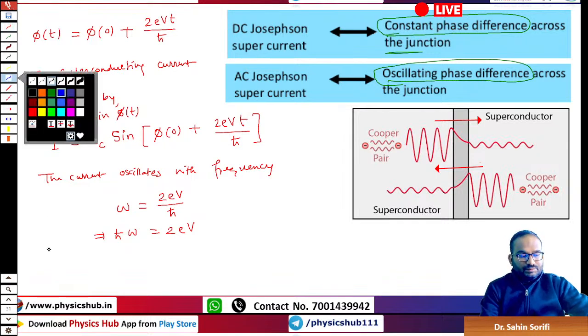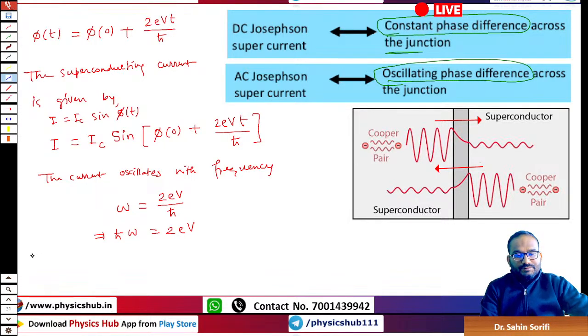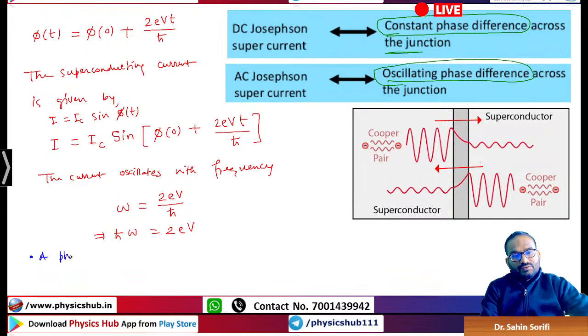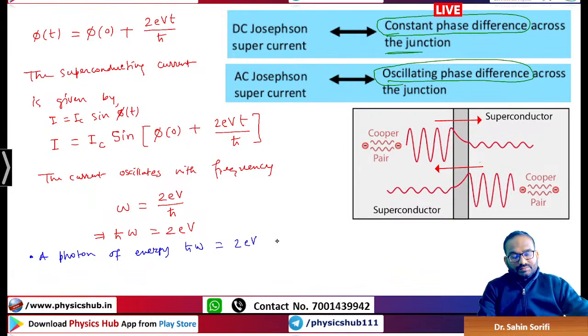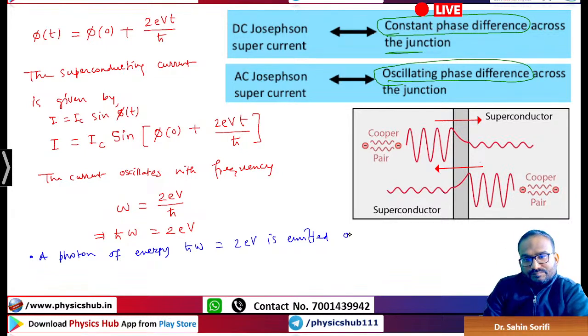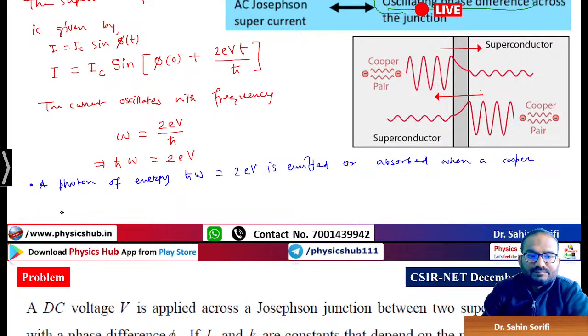What does it correspond to? A photon of energy h cut omega equals 2 electron volt is emitted or absorbed when an electron pair, a Cooper pair, crosses the barrier.